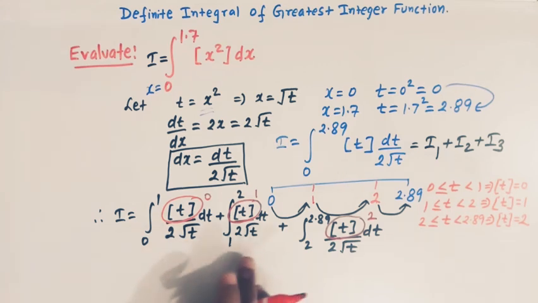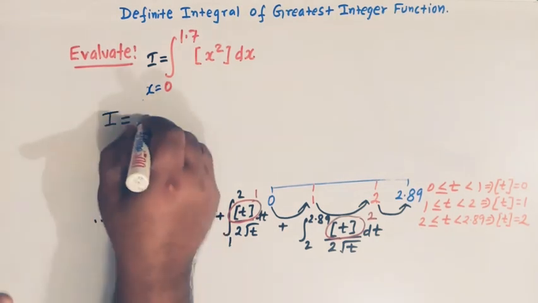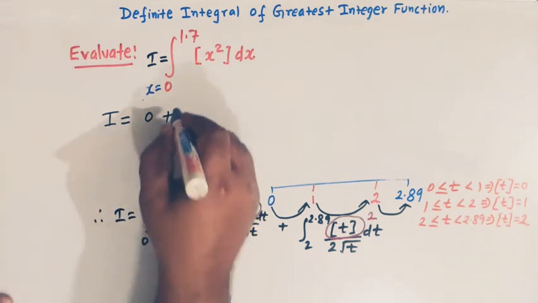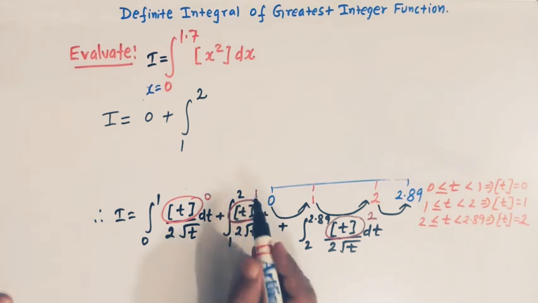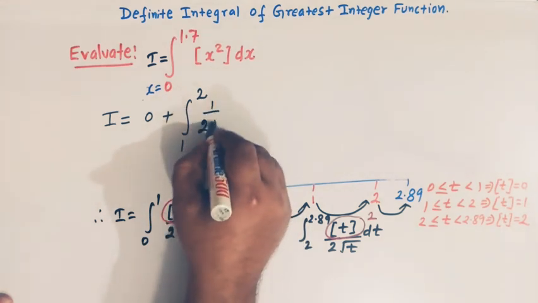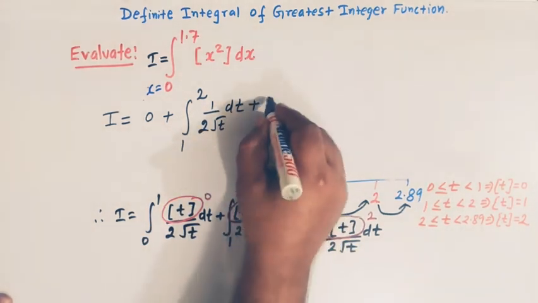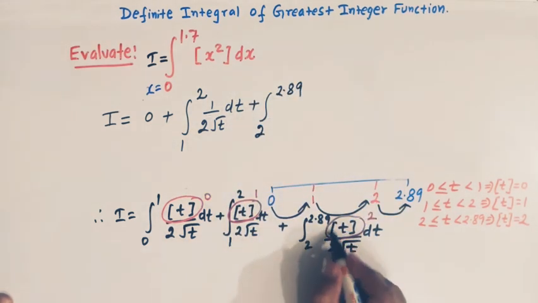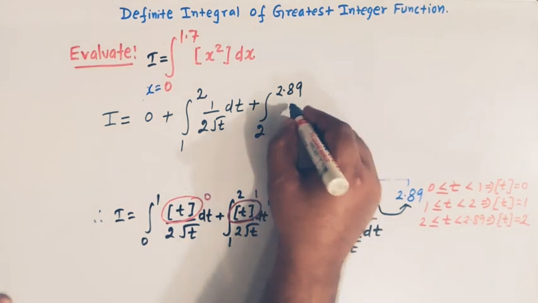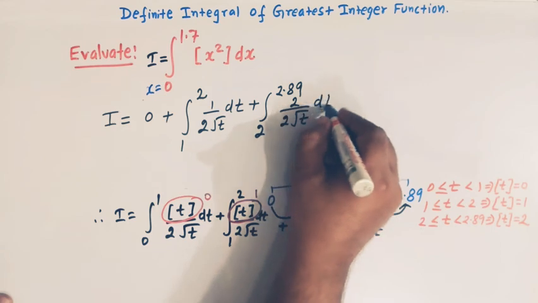So now we can rewrite these integrals. The first integral is 0, and the second integral can be written as from 1 to 2, and for this we have 1, so we have 1 over 2 square root of t dt, and the third integral is from 2 to 2.89, and for this greatest integer t we have 2, so we have 2 over 2 root t dt, right?